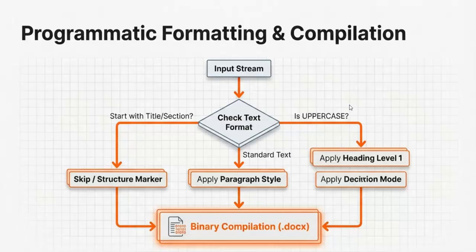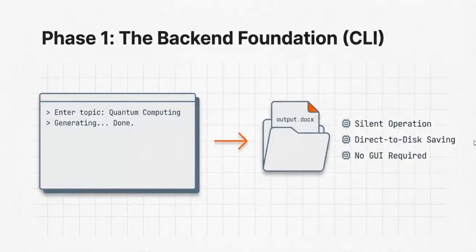The next scenario is when there's just text, which is just the topic. That time it's going to apply paragraphs and make text by itself. And then there's another scenario where if the text is uppercase, that time it's going to add the title and add a section. And then finally at the end, we're going to get a document which the user will get directly saved into their disk.